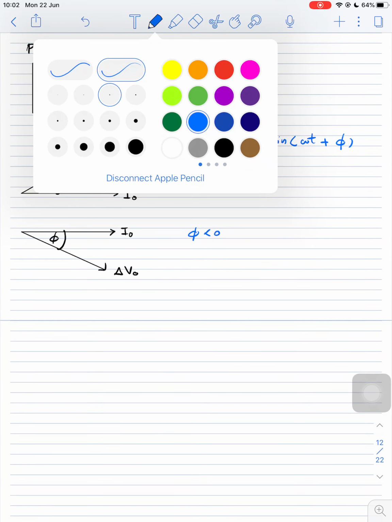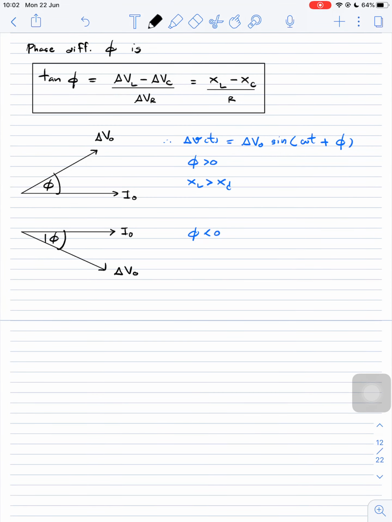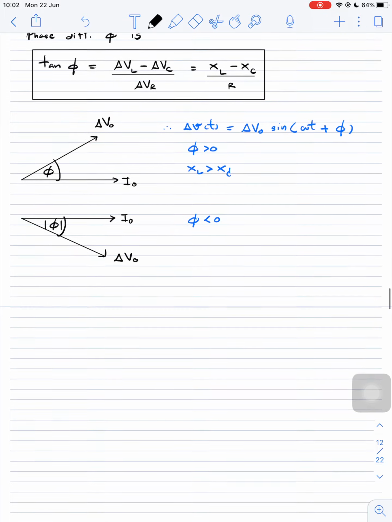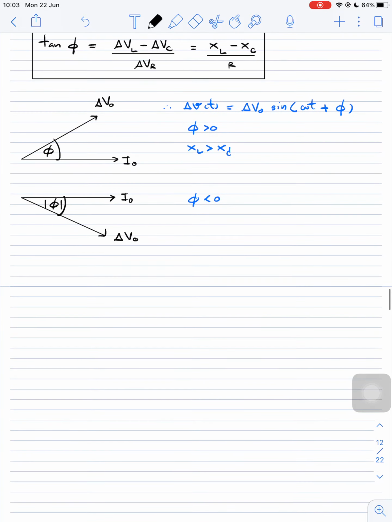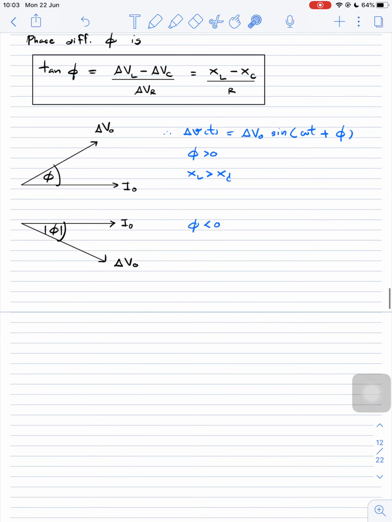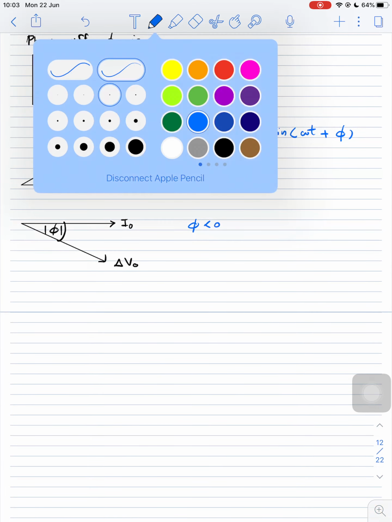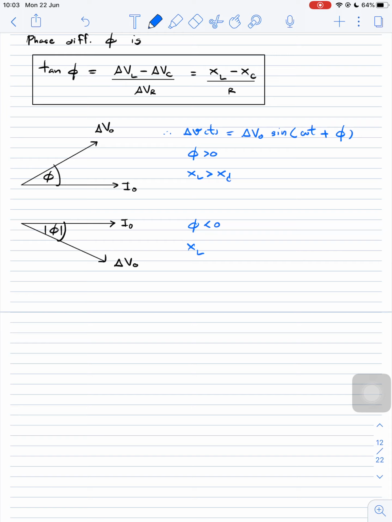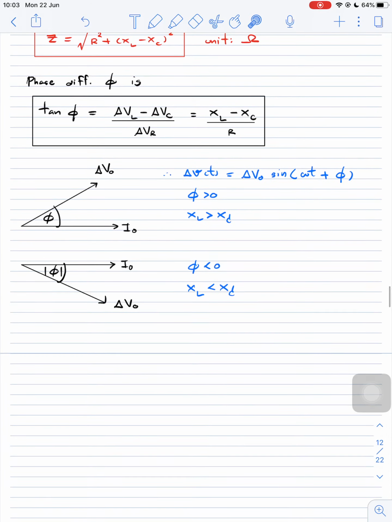By the way, let me just put only the absolute value of the phi, so that we take into account only the magnitude of the phi, not the sign. If the phi is negative, then from this equation again, it means that the XL is less than the XC, because if the XL is less than the XC, you get the negative of this one, so the phi must be negative as well.